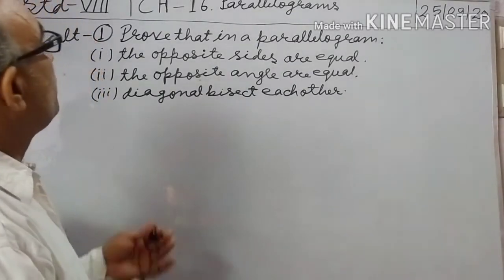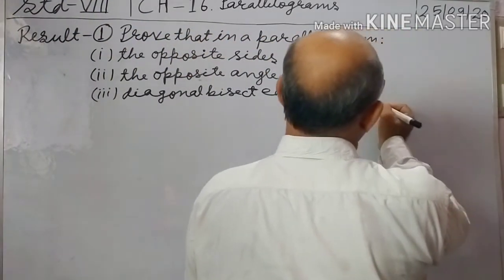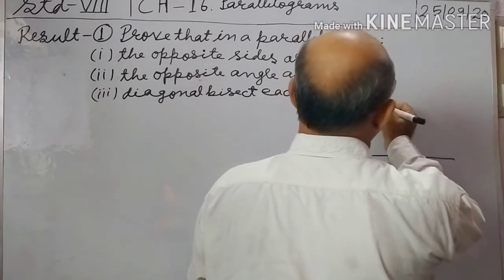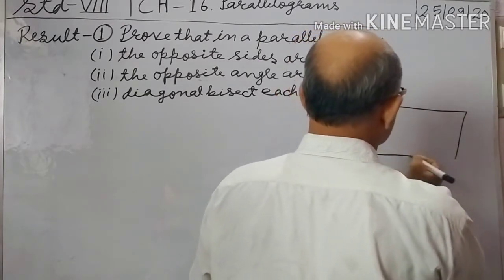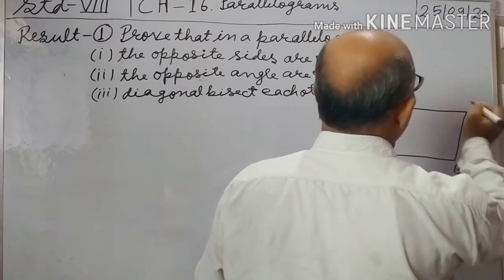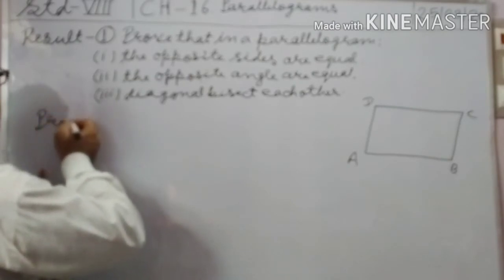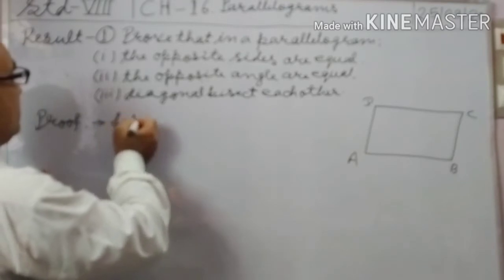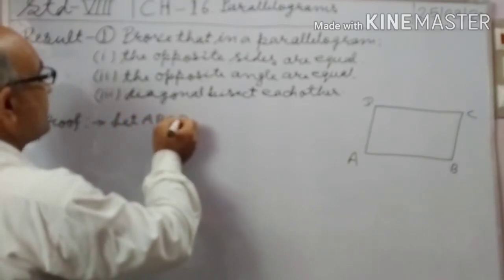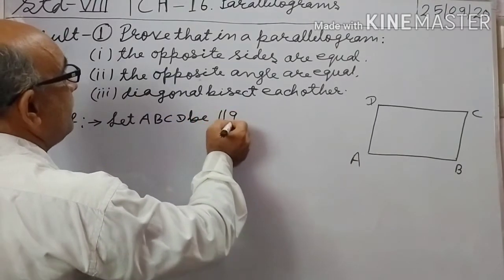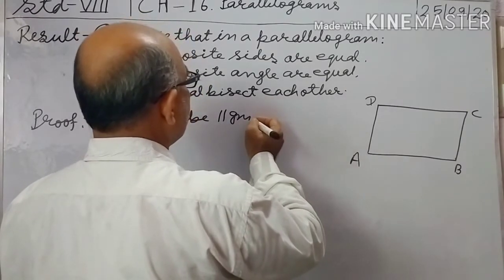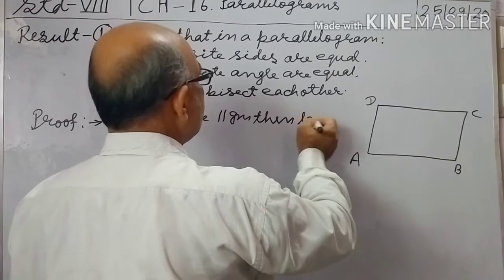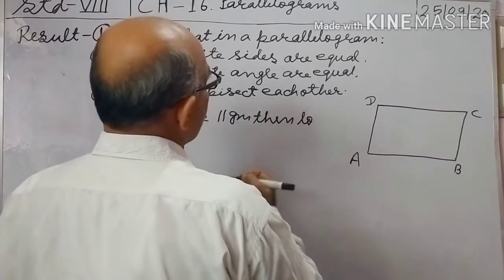Students, first of all, draw a diagram of parallelogram ABCD. Let ABCD be a parallelogram.